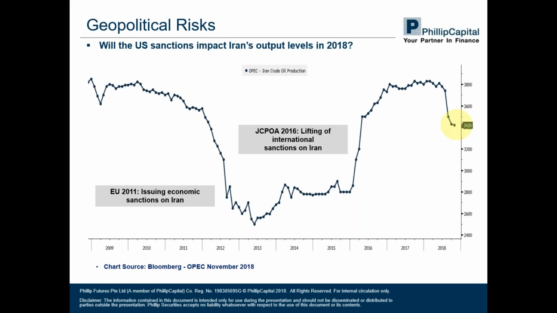In lieu of the exemptions, even for the first quarter, we do not expect them to drop like that. This is also a factor why we are not very super bullish about oil prices into the first quarter of 2019. For a longer term view, you see what happens depending on how firm the stance is on Iran as we move further in 2018.